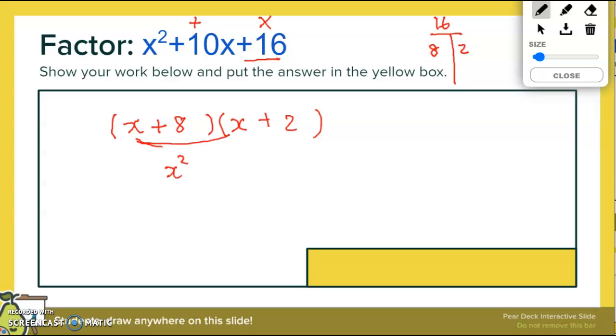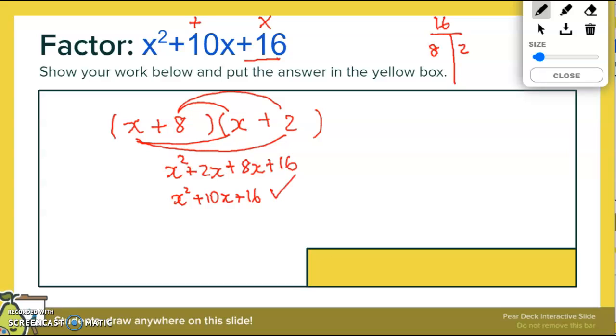Outside, that's 2x. The inside is 8x. And then last is plus 16. That simplifies to x squared plus 10x plus 16, which is what I started off with. So I know that my factoring is correct.